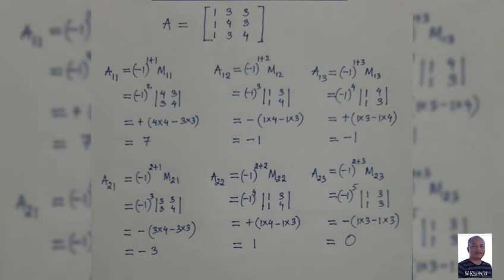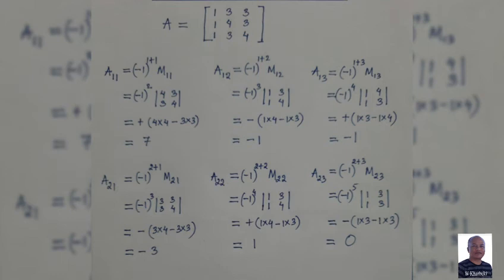Now you multiply that by the minor of that entry, M23. When you do that, you'll get -1 raised to the power 5 in the next line.